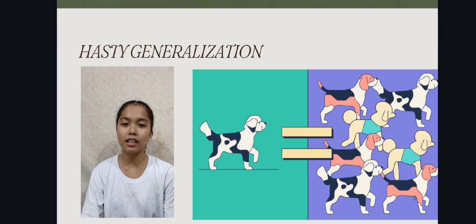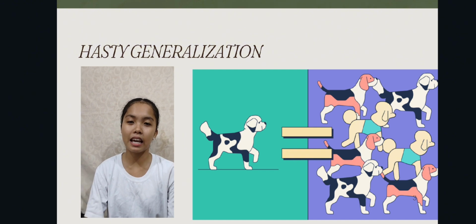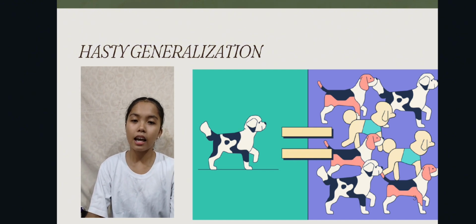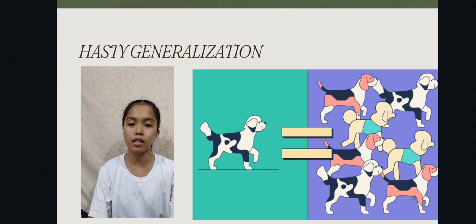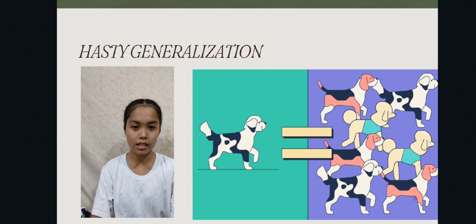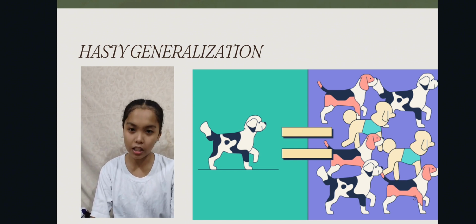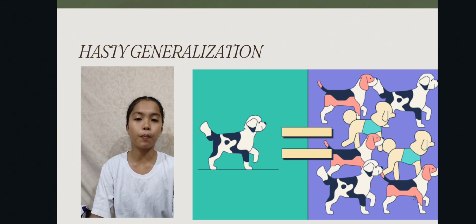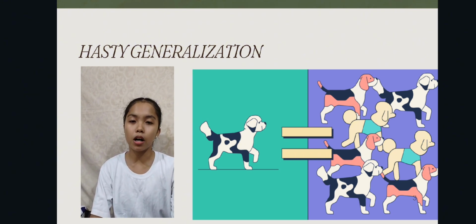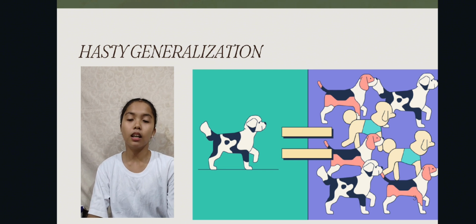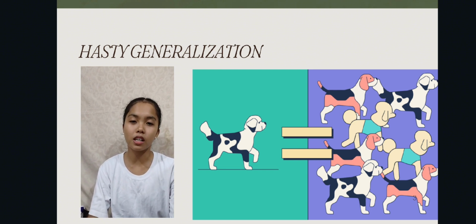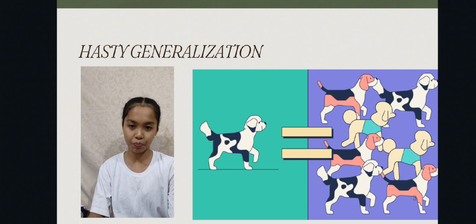The next fallacy is hasty generalization. Hasty generalization is a mistake in reasoning where a conclusion is drawn from insufficient or biased evidence. It's like saying all apples are sour just because you bit into one green apple. Making broad claims about an entire group based on limited or unrepresentative examples overlooks the diversity within the group.